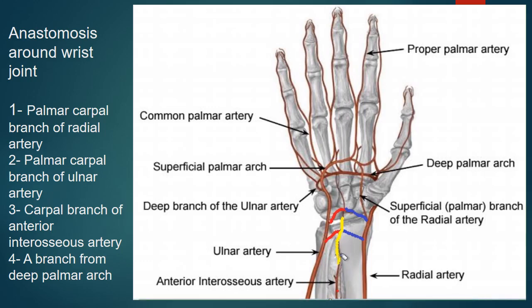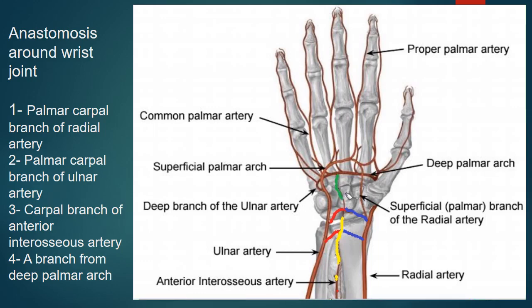After giving off this branch, the anterior interosseous artery passes through the aperture in the interosseous membrane and leaves the anterior compartment.